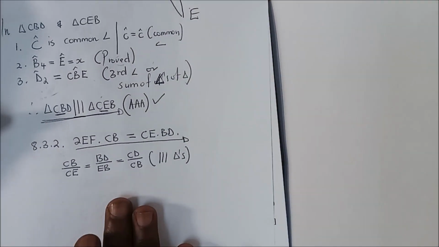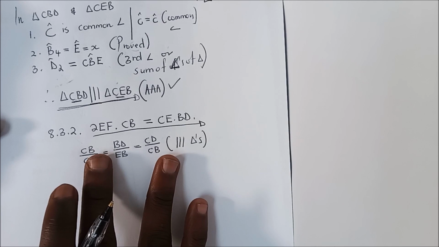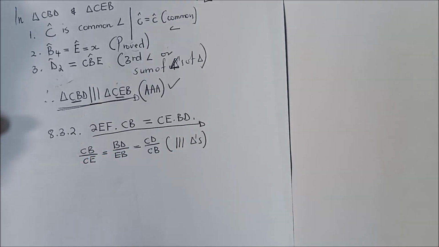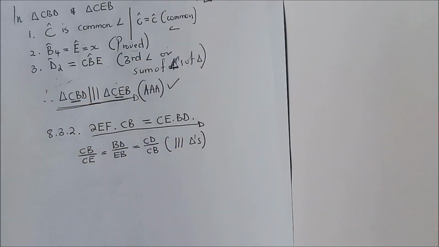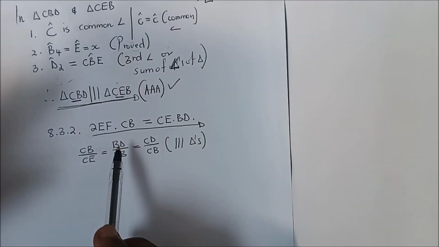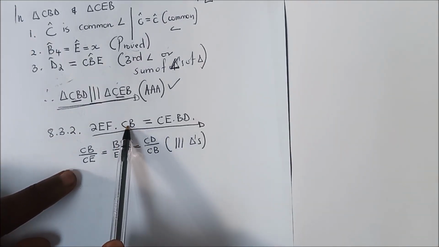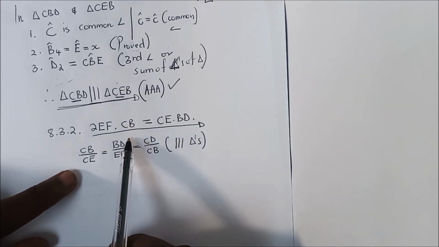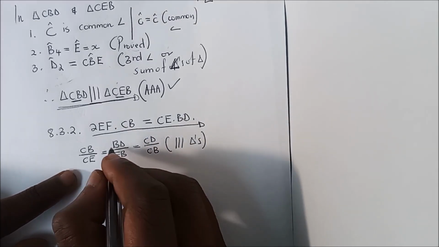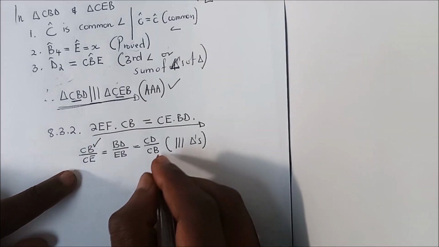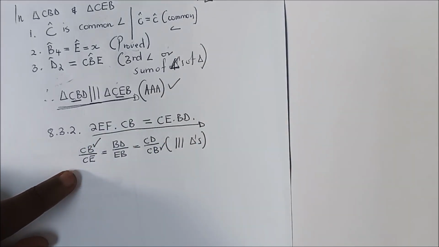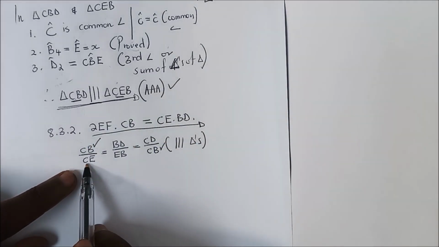Now many people can get this step right, but after this step they just get confused. So I'm going to show you how you do it. You look at the common CB. Can you see CB there? You see we have CB, no problem, and you also have CB there, no problem. Can you see CE?